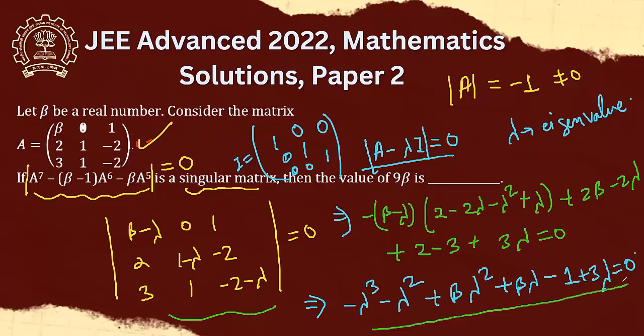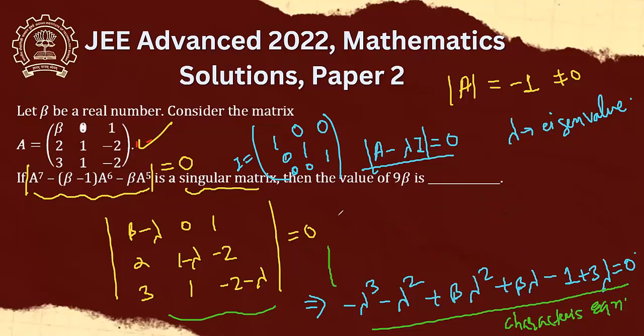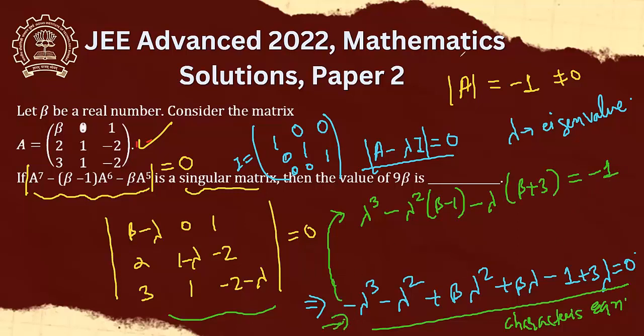This equation I am getting in lambda is called the characteristic equation. So this thing here I am further simplifying and writing as lambda cube minus lambda square (beta minus 1) minus lambda (beta plus 3) is equal to -1. I have written it like this after taking something as common.